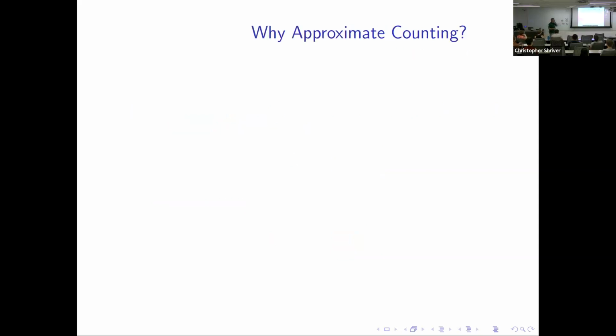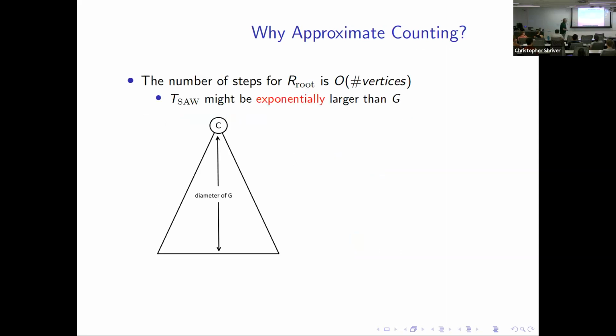Okay, so we have this nice construction, this nice reduction, right? We can compute our marginals with dynamic programming. So where's the approximate counting coming from now? The problem is that the number of steps we need to compute this ratio at the root is big O of the number of vertices of the tree.